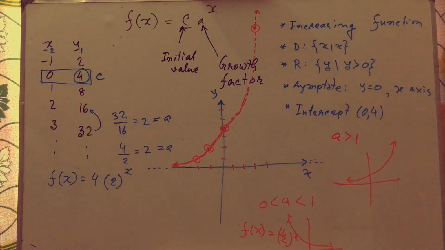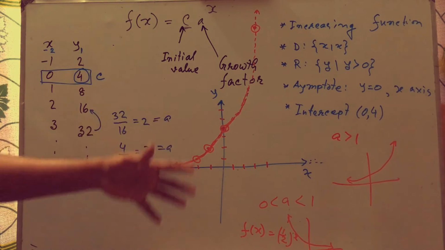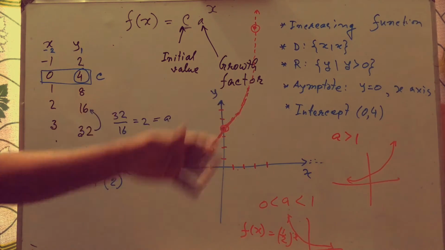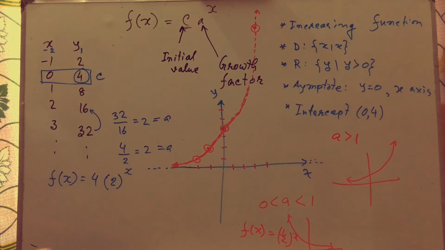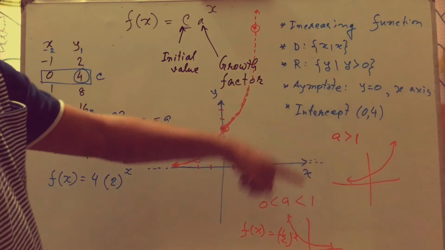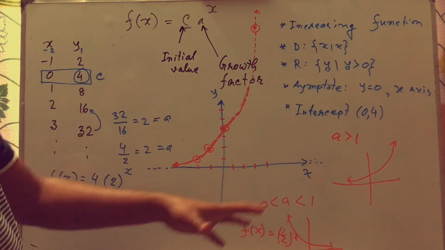So these are the basics about the exponential function, how the function works, with some data and some graphs, and the properties of the graph. You can interpret the properties of the graph. This one's properties and that one's properties are similar.